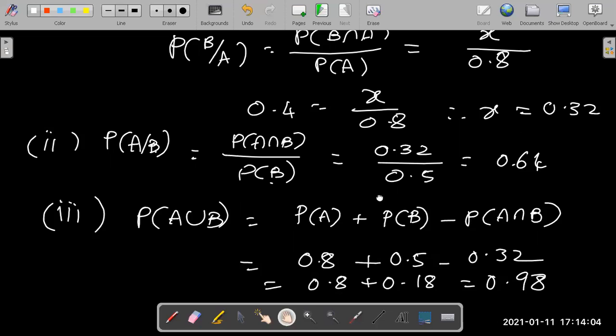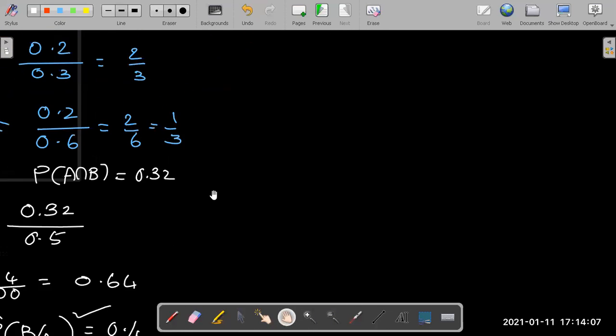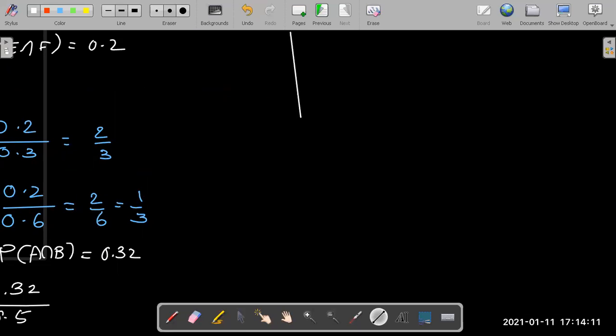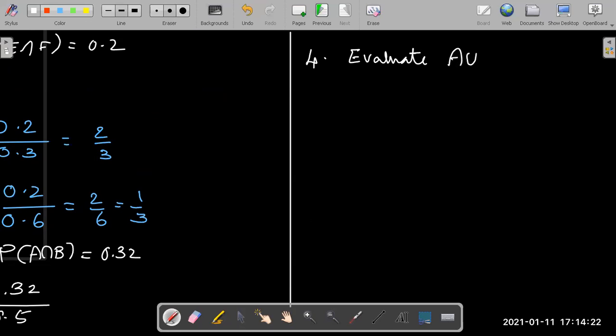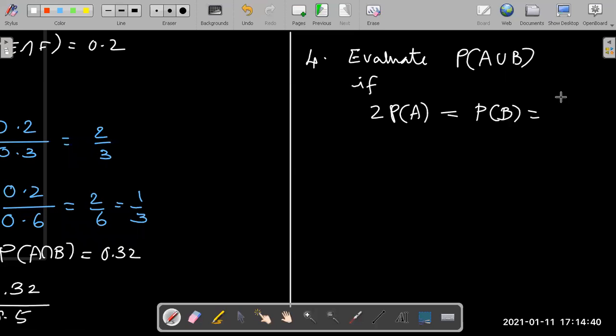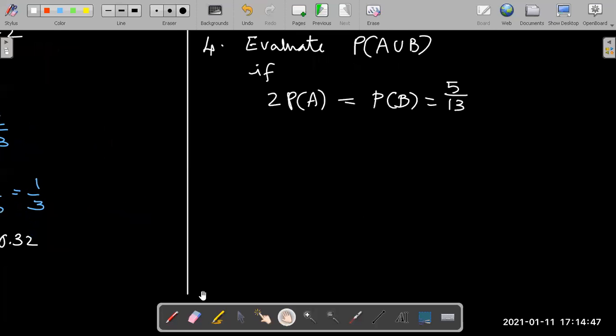Fourth question. I'll write the question, you may have to do this question fully. Evaluate probability of A union B, if 2 times probability of A equals probability of B equals 5 by 13, and probability of A given B equals 2 by 5.